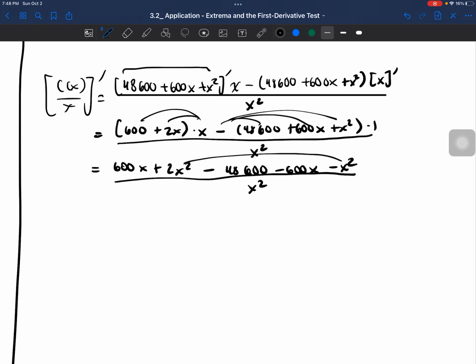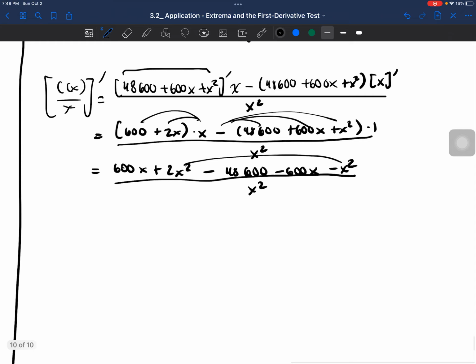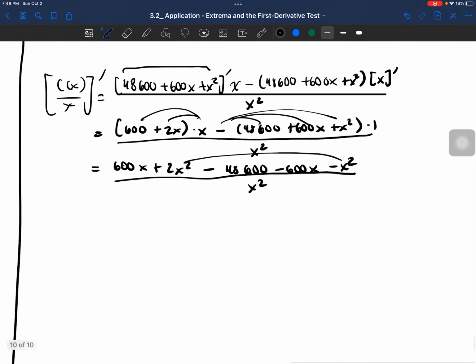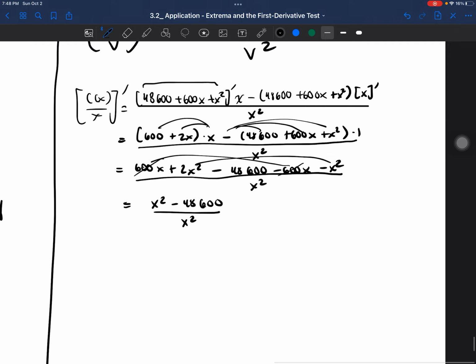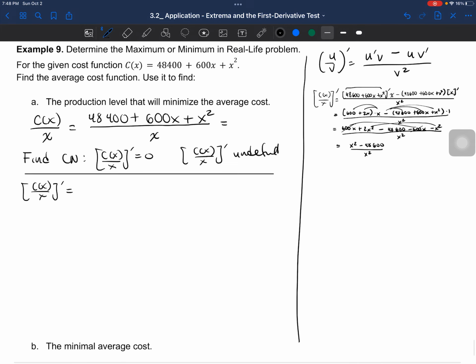And so we can see here that these will combine, and we can probably combine these two as well. So actually those cancel each other out, and so we're left with x squared minus 48,400 all over x squared. All right, so that's our derivative.